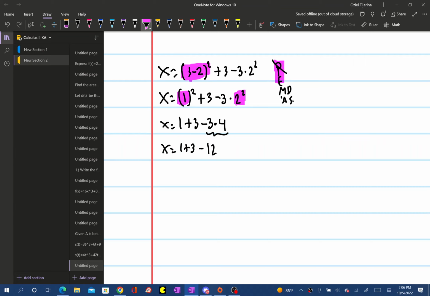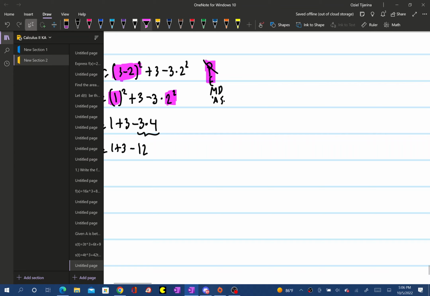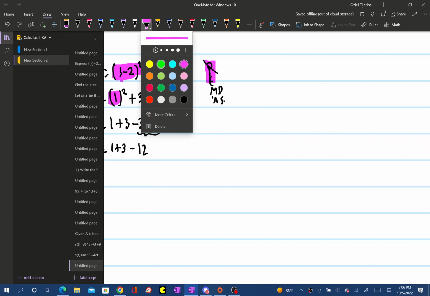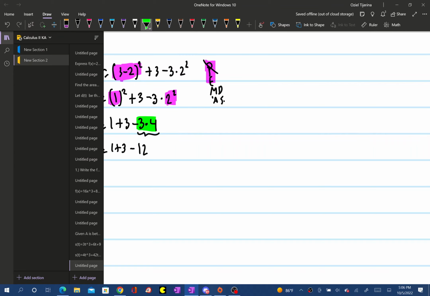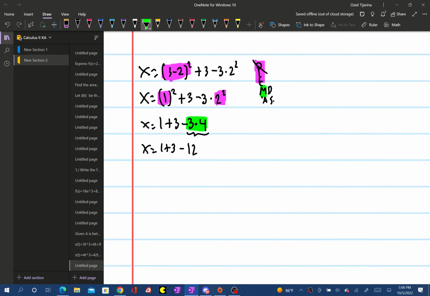Did this, that's exponents. And then we did multiplication, which was this part. We don't have any division. We have addition, so 4. Then subtraction, minus 12. So x equals negative 8.